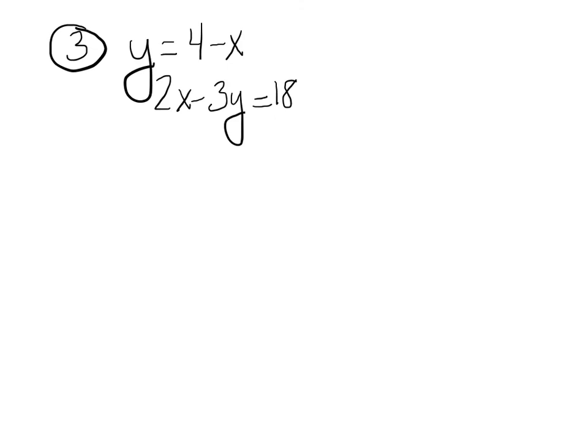All right, once again, one of our equations is already solved for x and/or y. So if you look here, which one is it solved for? Well, the first equation is solved for y, which means that we have y equals. The y is by itself. So what is y equal to? y is equal to 4 minus x. So what would you do with that 4 minus x?